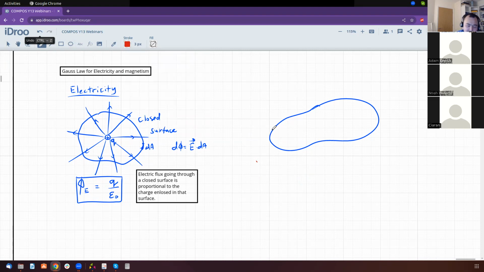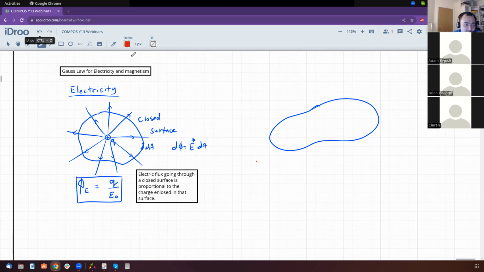Magnetic lines don't have a starting point. They don't emerge from anywhere, even though sometimes magnets are drawn with the field emerging from the North Pole. It's not the case, because the magnetic field goes out of the North Pole, around the magnet, into the South Pole, through the magnet and back out. So magnetic lines are always circular.